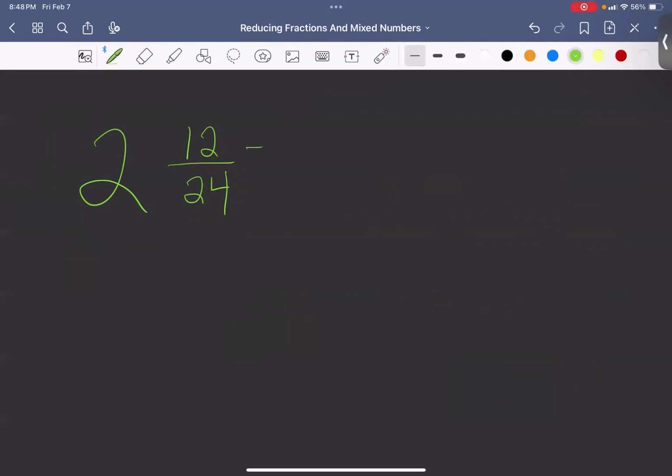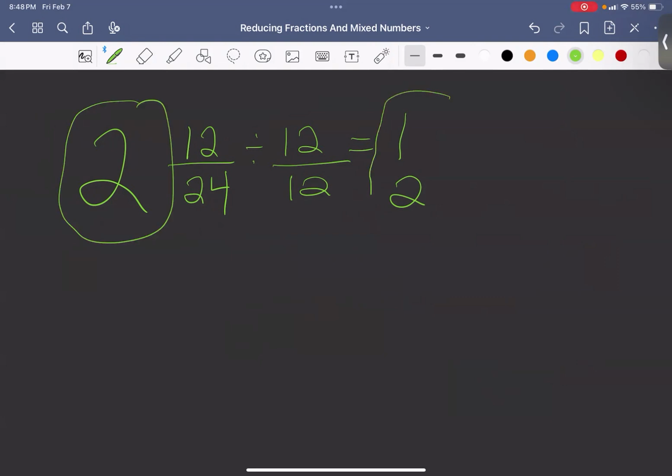So 12 is the greatest common factor between 12 and 24. So 12 divided by 12 is equal to 1, and 24 divided by 12 is equal to 2. So we have here 2, and we have here 1/2. So our final answer is 2 and 1/2.